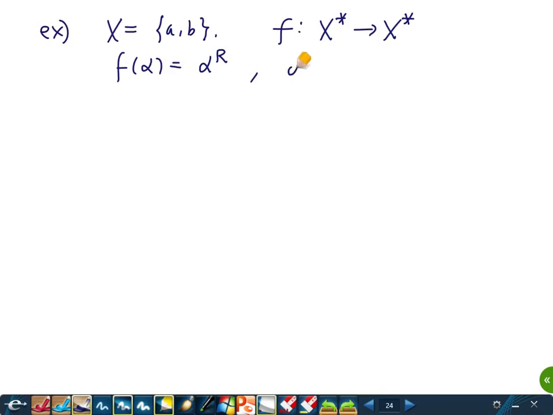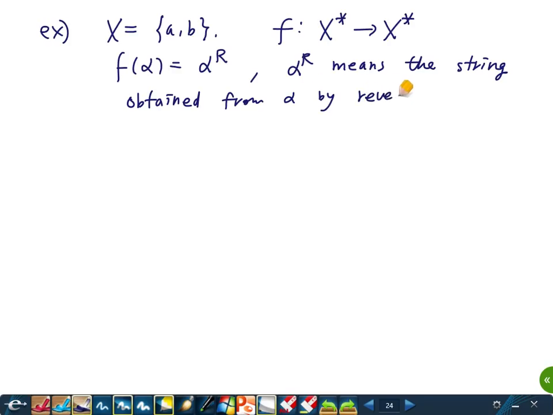Here, alpha reverse means the string obtained from alpha by reversing it. If you have a sequence, just read it backward, and we get again a sequence of the alphabet, so it's going to be another string. That's a well-defined function.